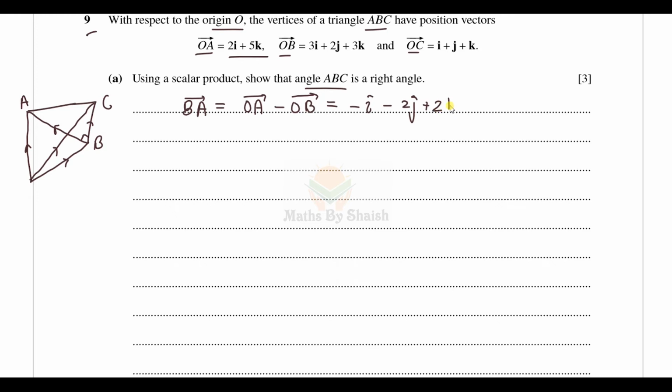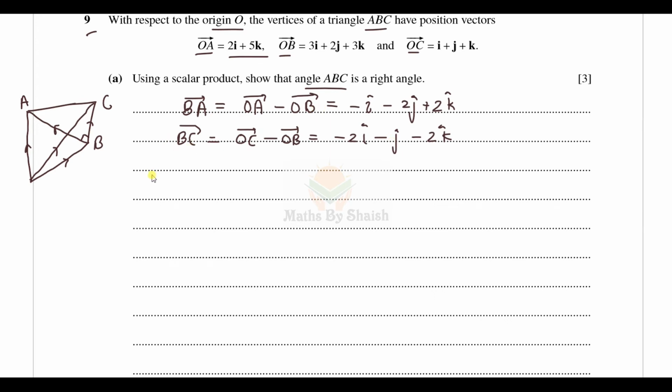This is the BA vector, and in the same way BC vector will be OC vector minus OB vector, and we'll get it from here: (1, 1, 1) minus (3, 2, 3), and that is minus 2i cap minus 1j cap minus 2k cap. Now we have BC vector too.